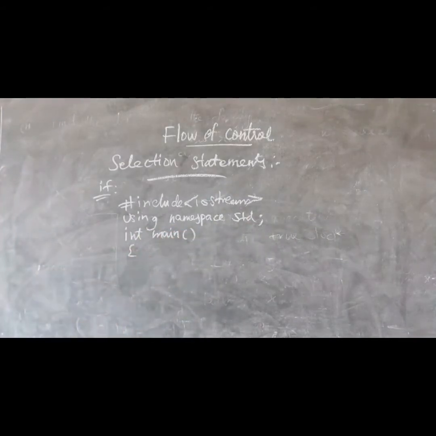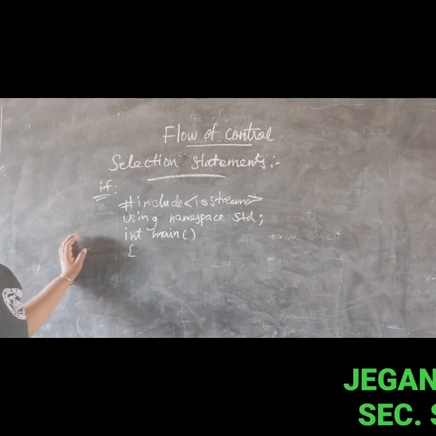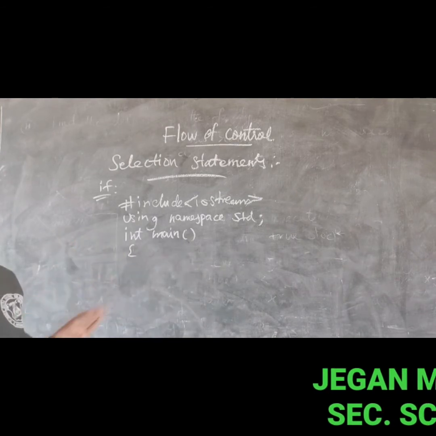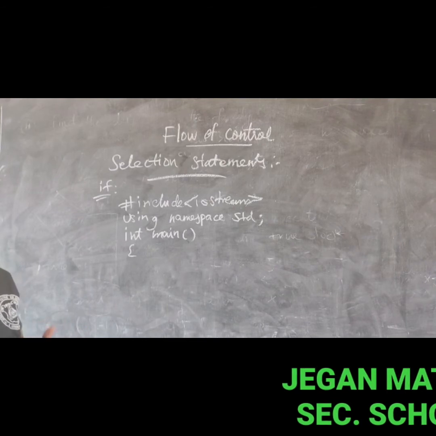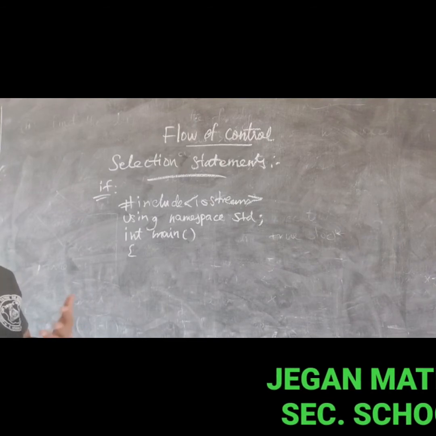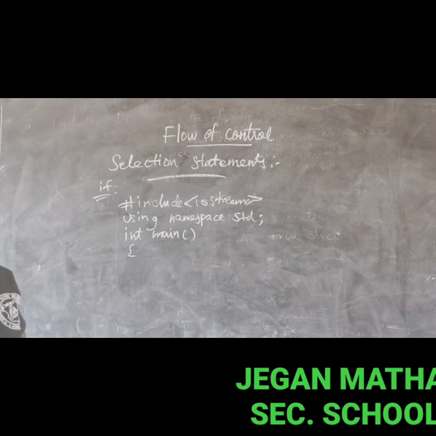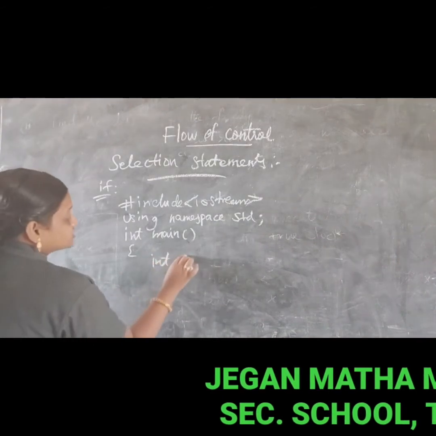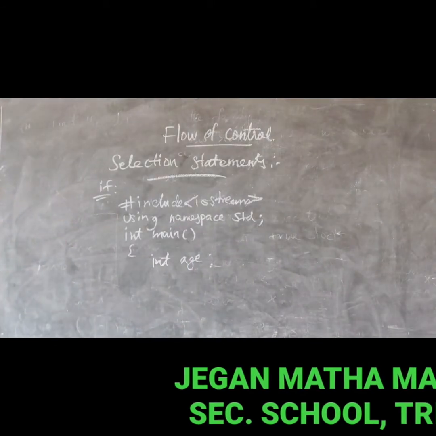Here we are going to check the condition. The example program checks whether a person is eligible for voting or not. We are just going to check the person's age. If the condition is true, he or she is eligible for voting, otherwise not eligible. We use only one variable, age, which is integer type, so we declare it as an integer.